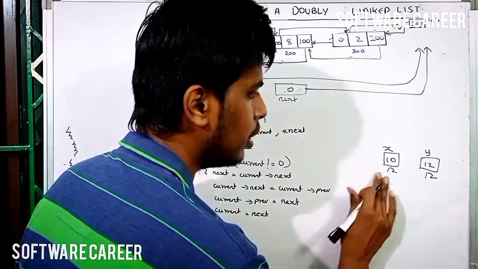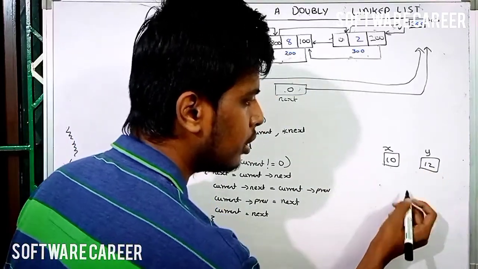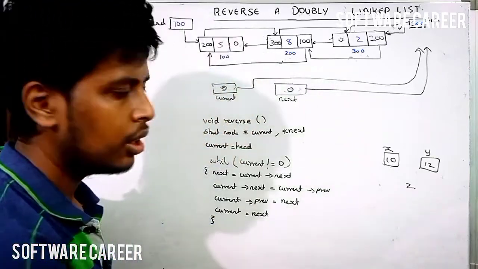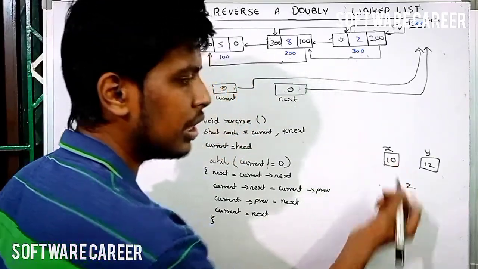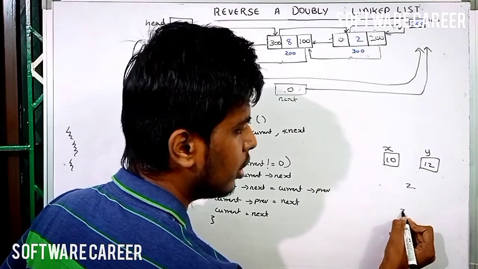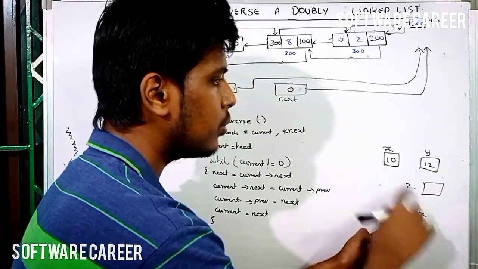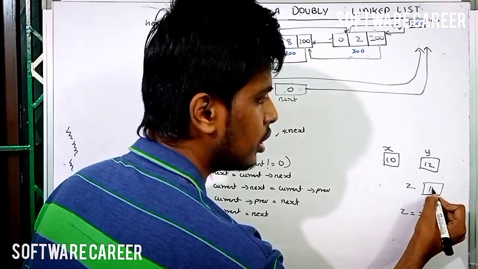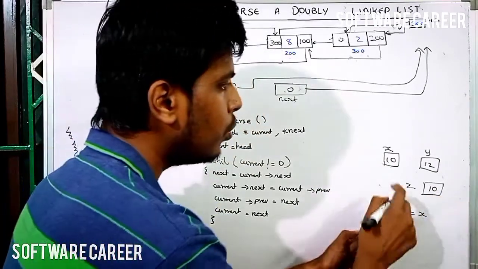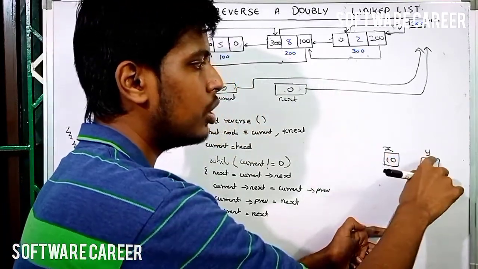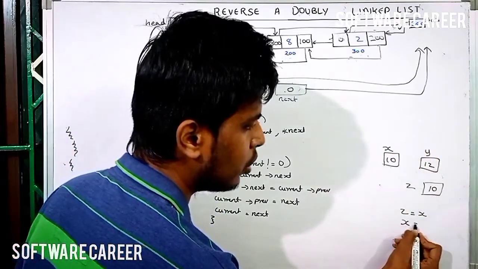For this the solution is, you should take a third variable called z. Now in this z you should store the x value. So I am writing here, see, z equals to x. Now x is what? 10. 10 is stored on z. Now see, now in x you should store the value of y. So see here, x equals to y.